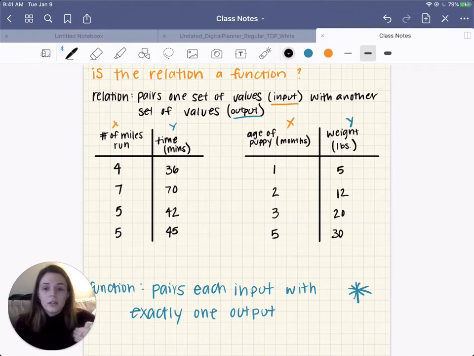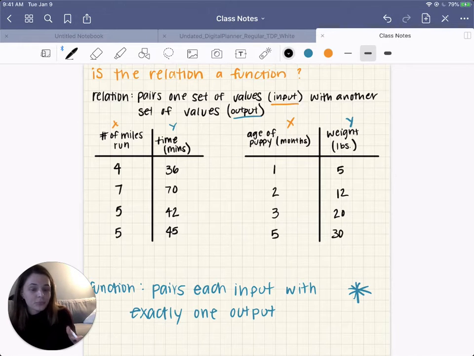first run is 4 miles, takes 36 minutes, 7 miles takes 70 minutes, 5 miles takes 42 minutes, but then the next day, you run 5 miles again and it takes 45 minutes. So these here are the same input, 5 and 5. Even though it's listed twice, that's still the same input.